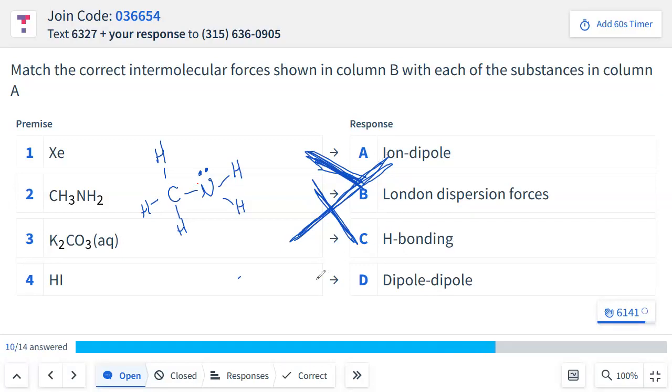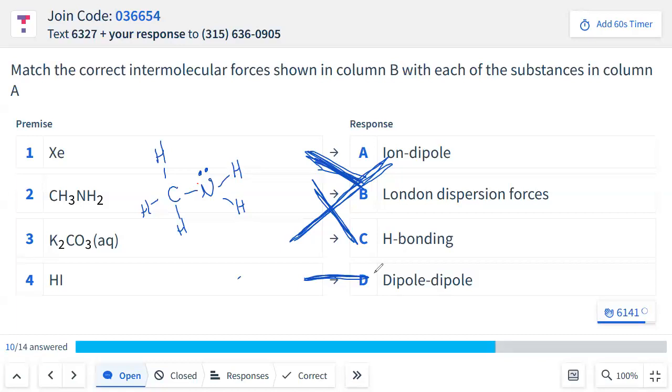And then the last one, HI, dipole-dipole. Well, process of elimination takes us there. We also know hydrogen iodide has a polar bond, right? There is an unevenness of sharing because hydrogen and iodine have different electronegativities.